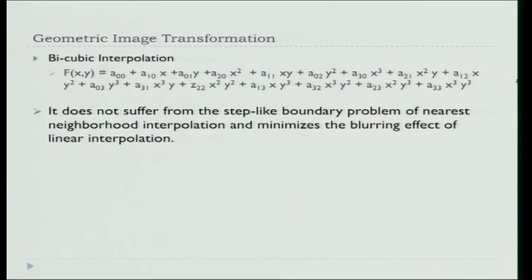So, this is all about the geometric image transformation. What I have done here is that, given one image and you want to compare it with another image, you need to transform one of them so that you can compare, right. So, the first step is that you have to use some method to convert one coordinate system to another coordinate system.